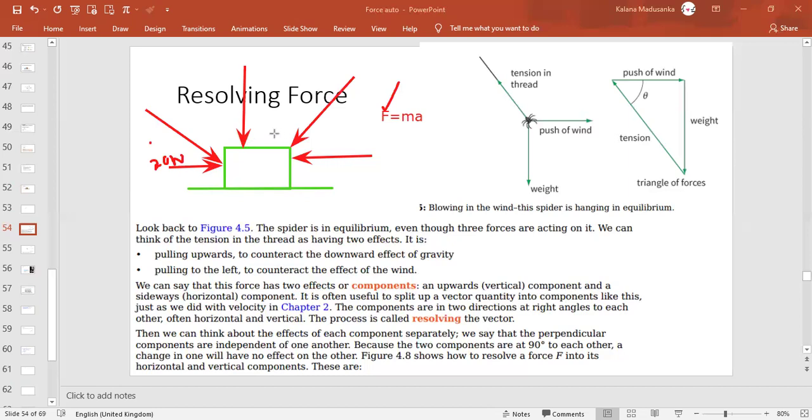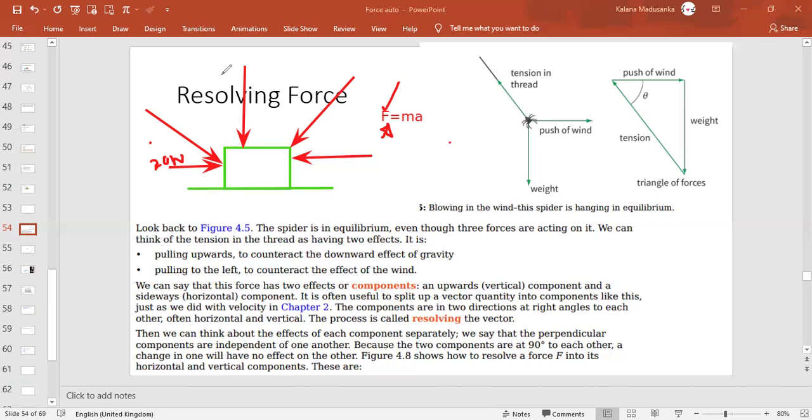We basically call this a force system. Now, to apply this in the F equals ma equation, we have a challenge. We have to resolve these 5 forces into one resultant force.